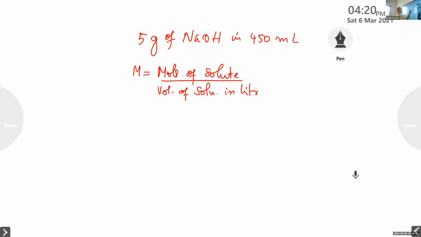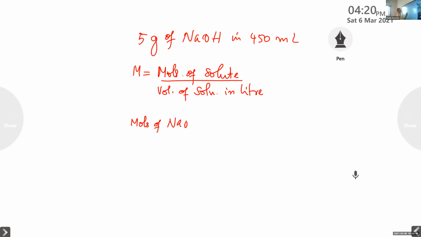The unit of the volume is liter. And what will be the number of moles of solute? The solute here is sodium hydroxide.